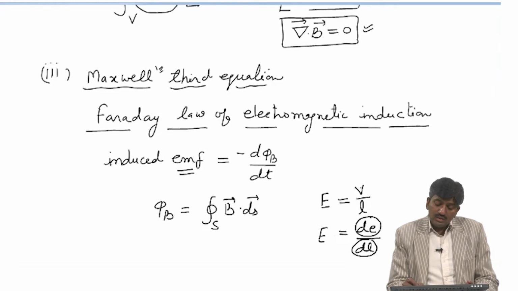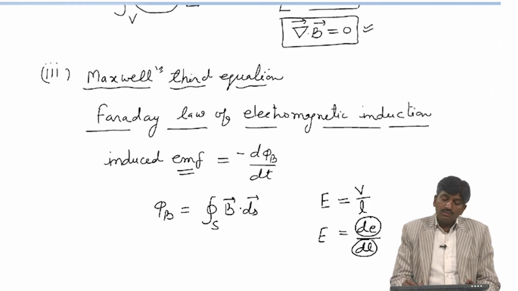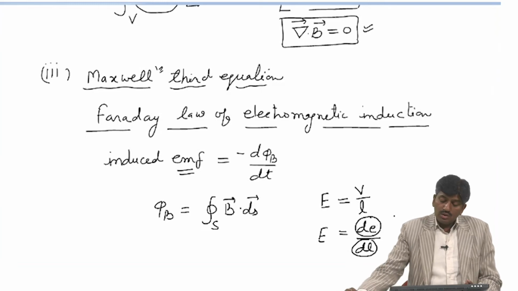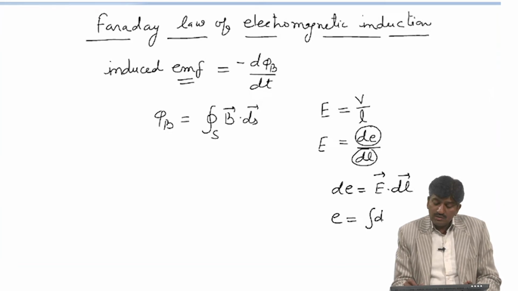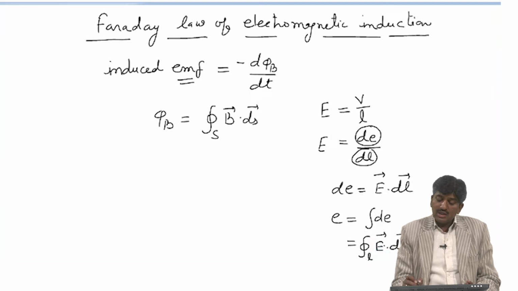Potential gradient V upon L is electric field, and if L is replaced by dl, then V is replaced by dE. dE represents the small induced EMF, so we can write dE is equal to E dot dl, or EMF is integration of dE, or we can write line integration of electric field.